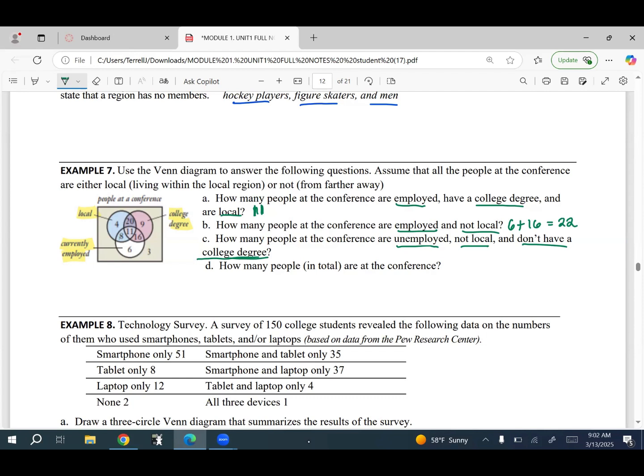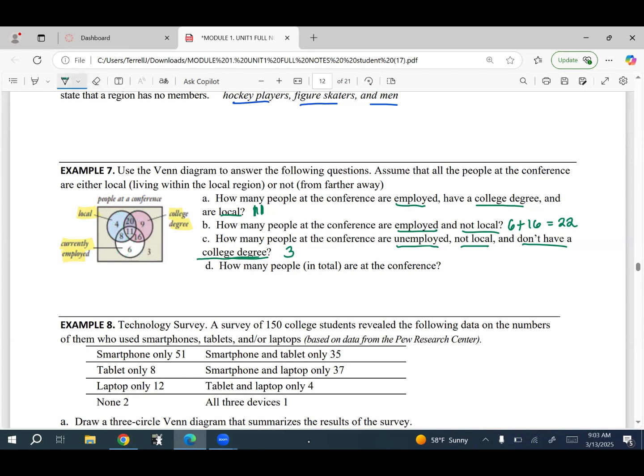We don't want to look at anybody in the employed circle, anybody in the local circle, or anybody that has a college degree. So essentially nothing in these 3. The only thing left is 3. 3 people were unemployed, they weren't local, and they did not have a college degree.